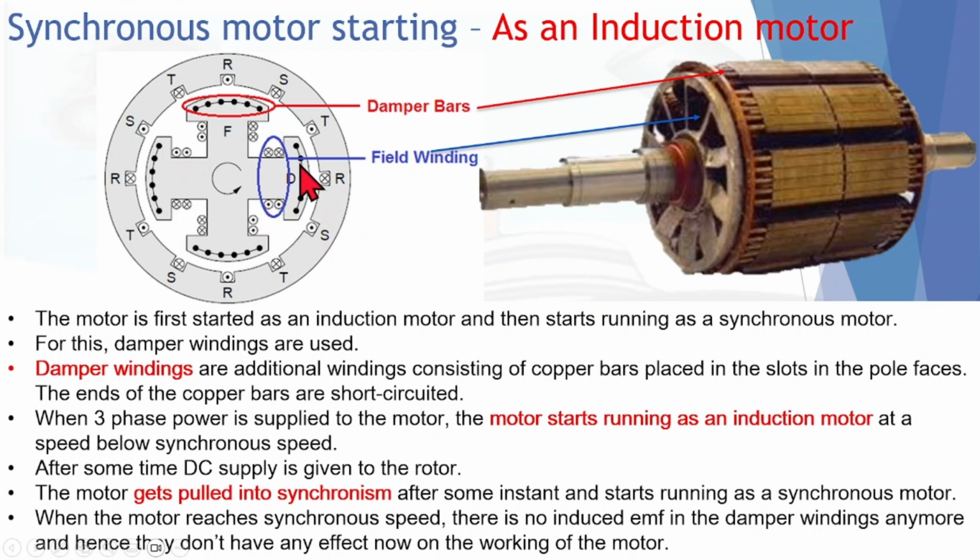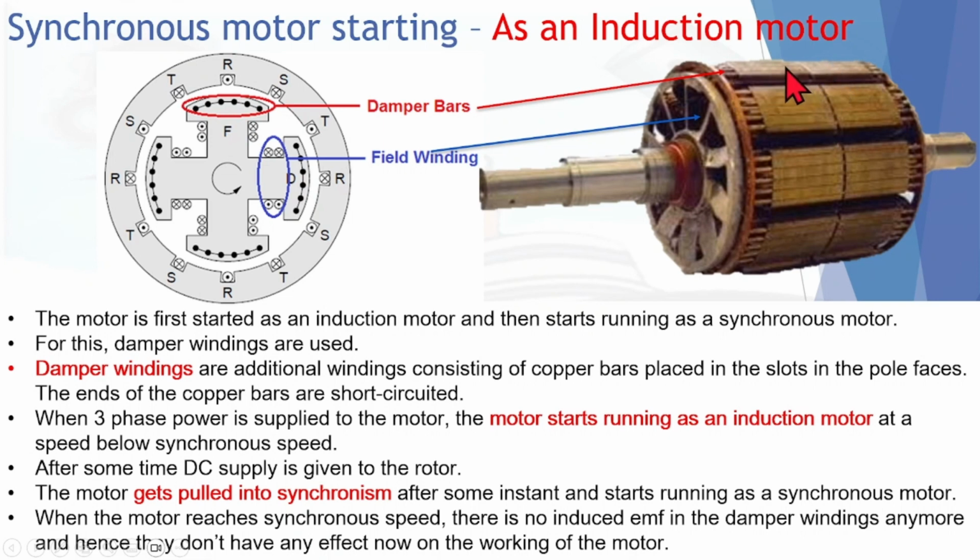The main stator field will pull the rotor into synchronism, so the rotor will spin at the same speed as the rotating magnetic field of the stator. At that time, there won't be any induced EMF in the damper bars because there won't be any relative motion between these two. So no flux cutting of the winding by the rotating magnetic field of the stator, and no induction takes place, right?